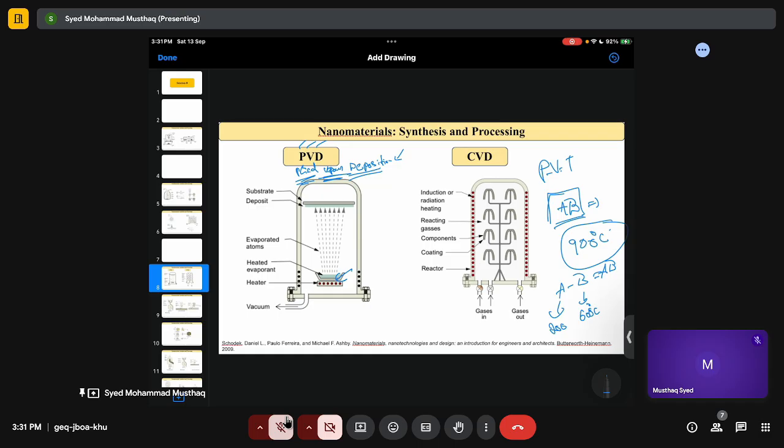So in a variation of conventional CVD, if this is the conventional CVD, there are also moderate temperature CVDs. So what does moderate temperature CVD mean? With metal organic, you take precursors and then you do the decomposition at relatively low temperature. So let's say you take some organic molecule and then you do the decomposition.